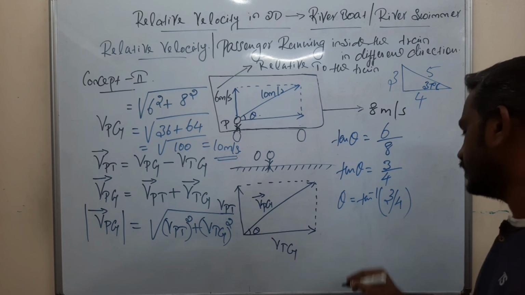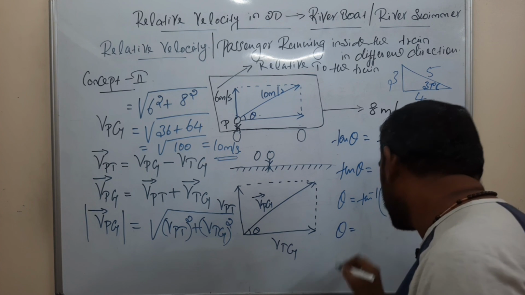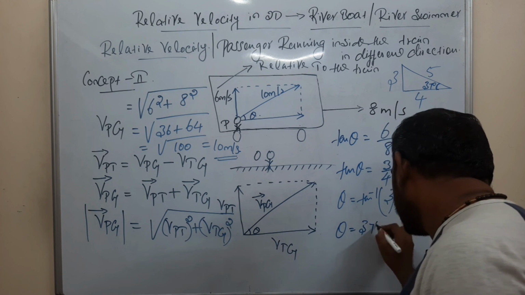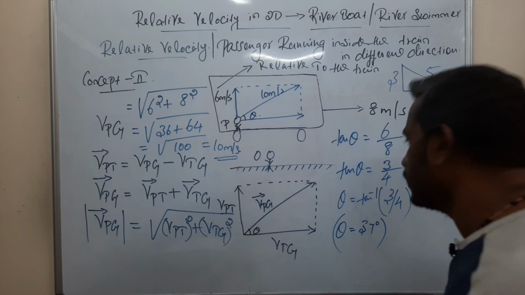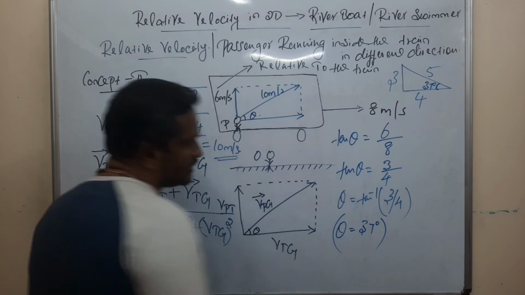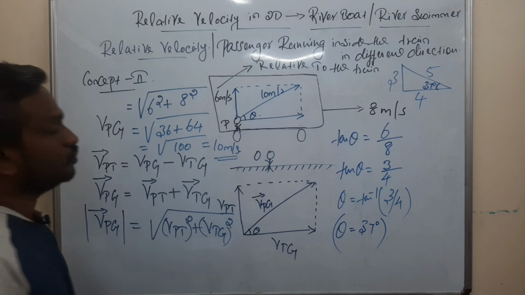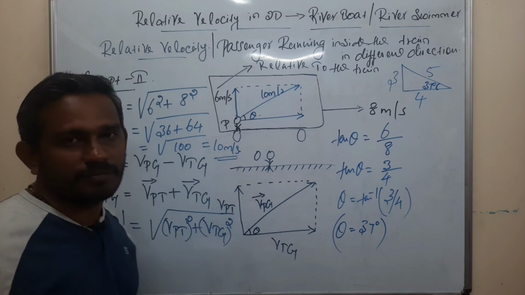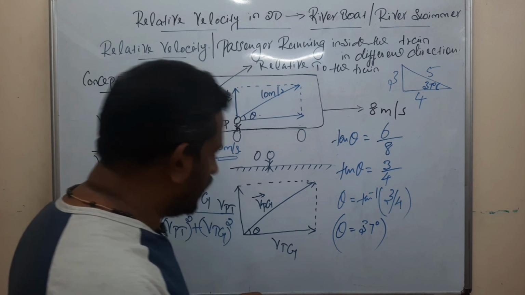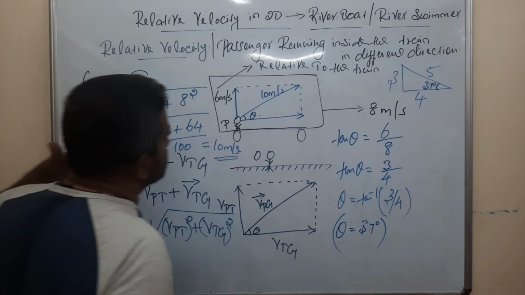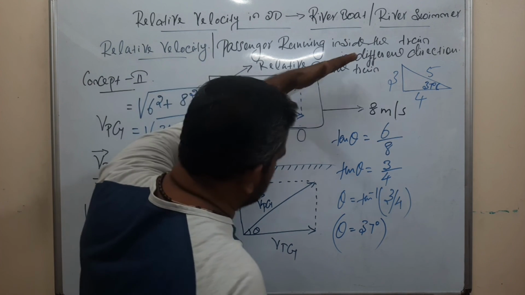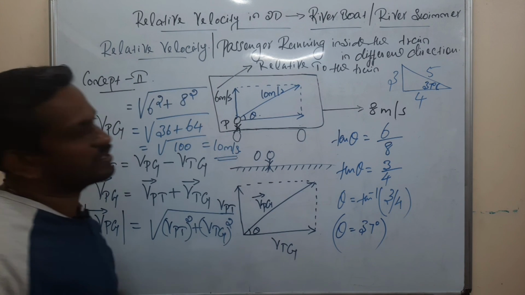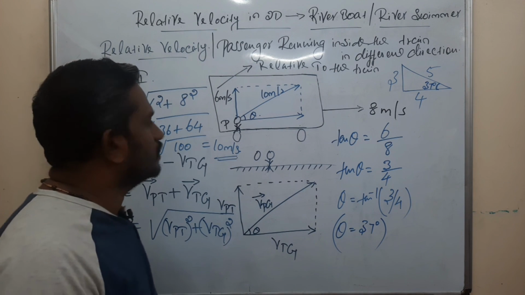So theta is equal to 37 degrees. According to the observer sitting on the platform, the passenger is moving at 37 degrees with the horizontal.